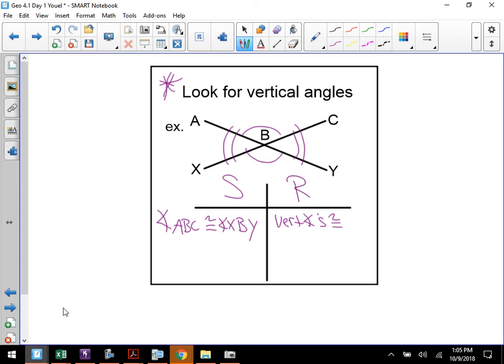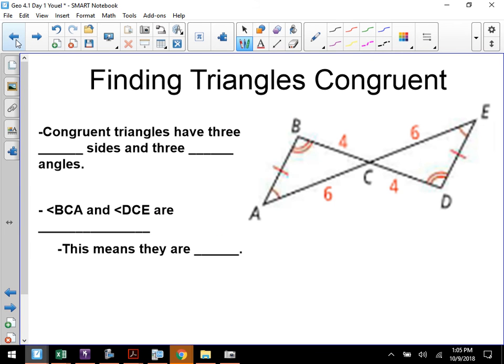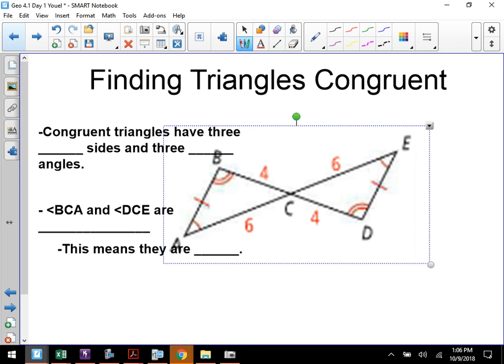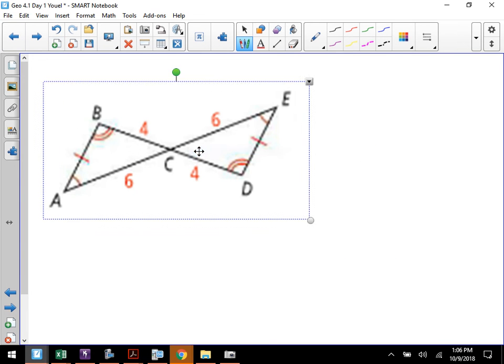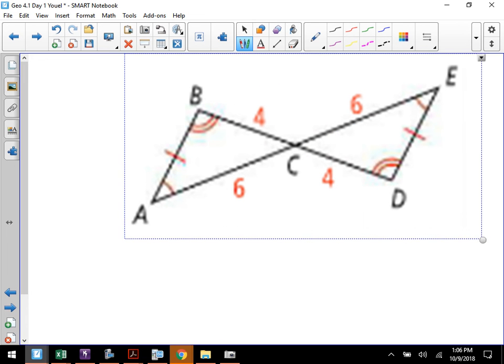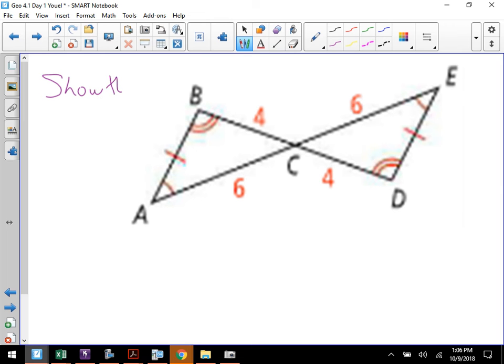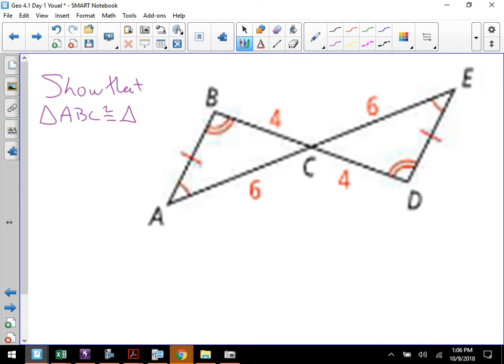For example, if I go to a picture like this, and just pull this picture separate for a second. I want to show that triangles ABC and EDC are congruent to one another.